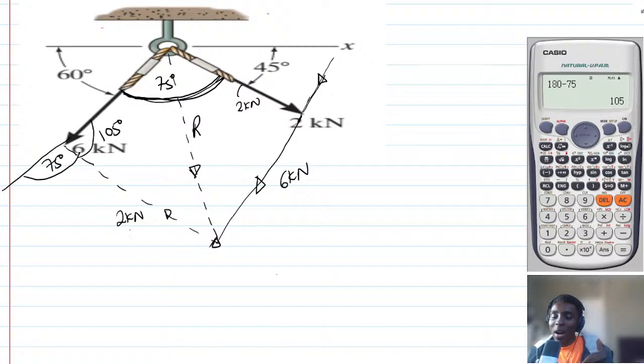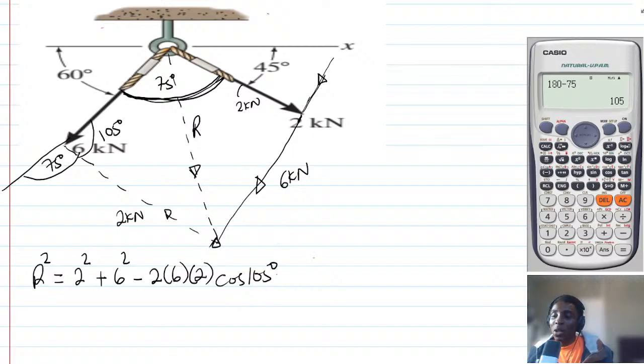So to find the resultant, we have to use the cosine rule. So we can say that R squared is equal to 2 squared plus 6 squared, minus 2 times 6 times 2 cosine the angle opposite, which is 105.